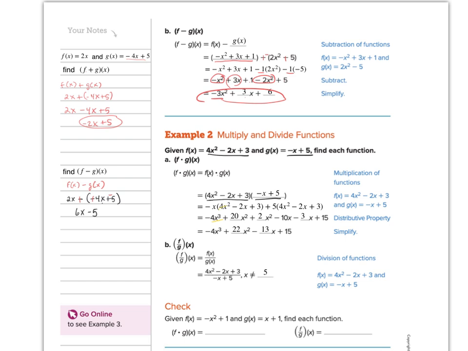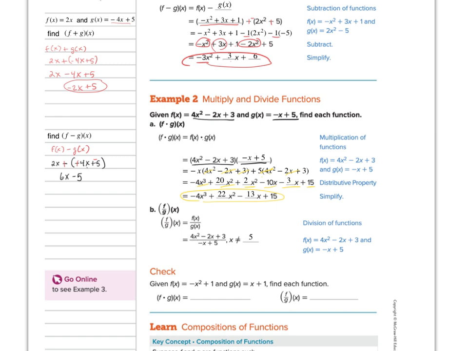This one, and then I have negative 3x, this one, and then 5 times 4x squared is going to be 20. 5 times negative 2x is going to be negative 10x, and then 5 times 3 is going to be 15, and then they combine like terms and they come up with this answer. Okay, that is what the two functions look like when they are multiplied together.